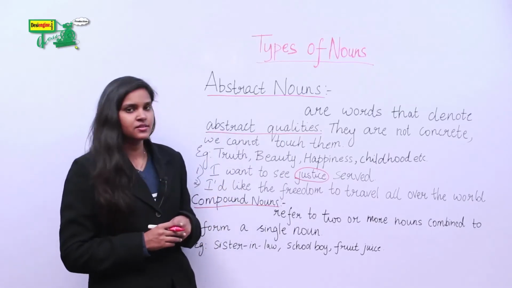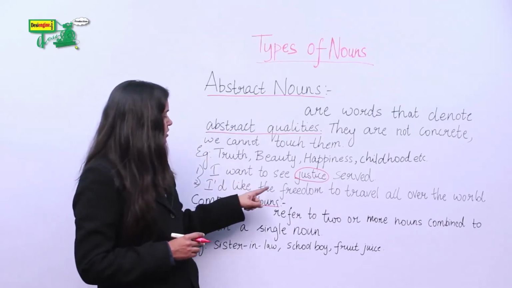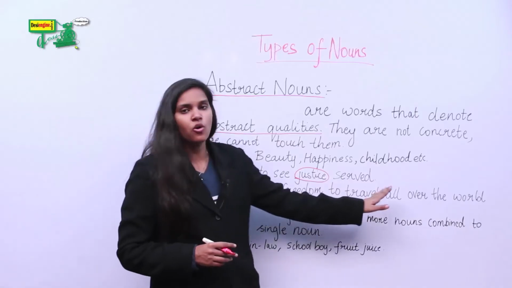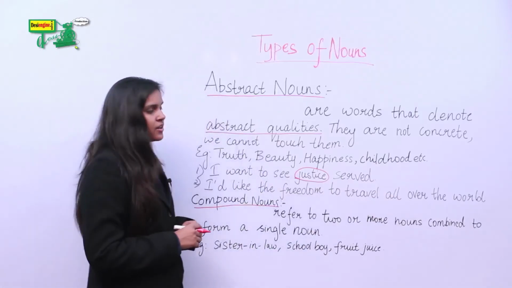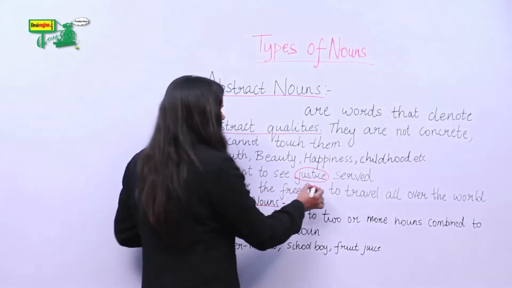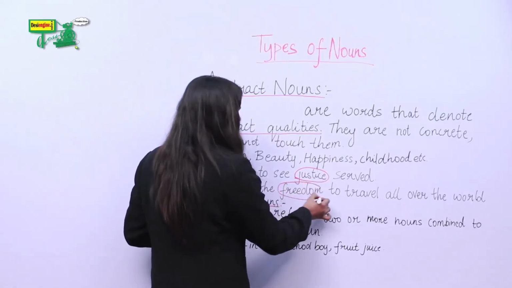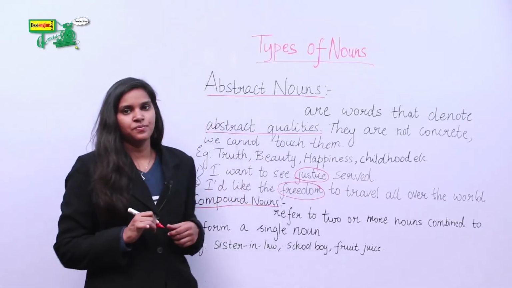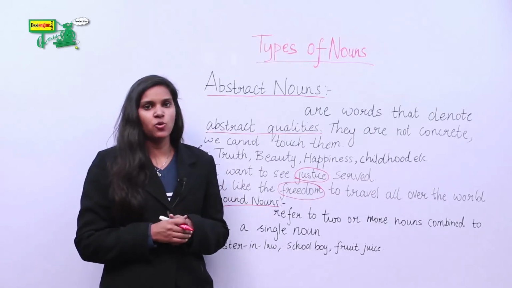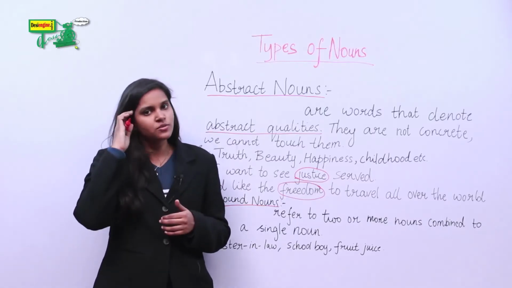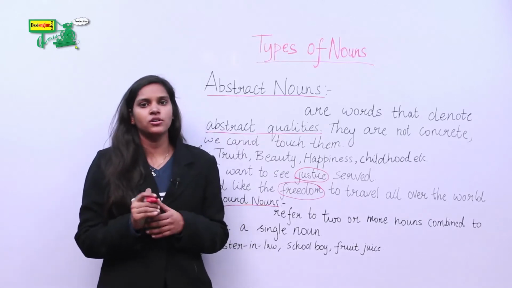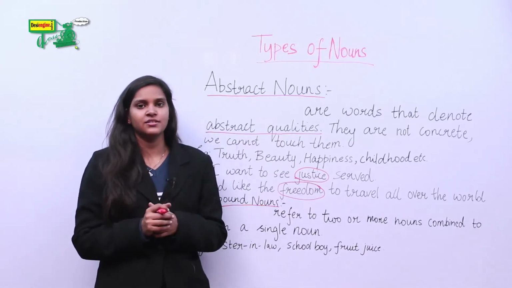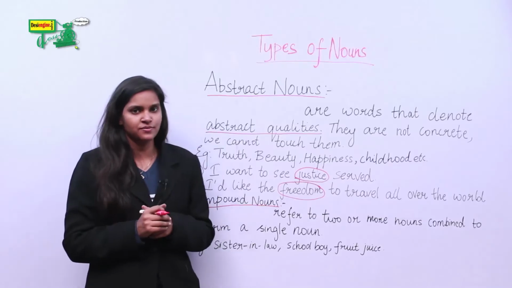The next sentence. I would like the freedom to travel all over the world. Here, our abstract noun is freedom because it is an abstract quality. Freedom cannot be touched, it's not concrete. It's not something that we can hold.